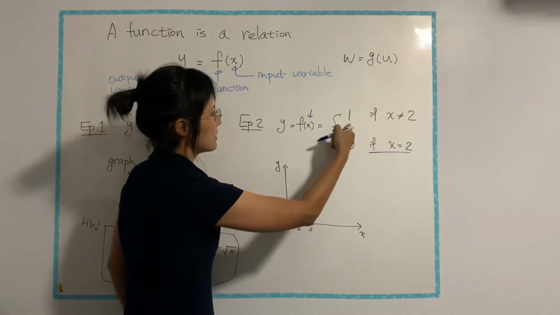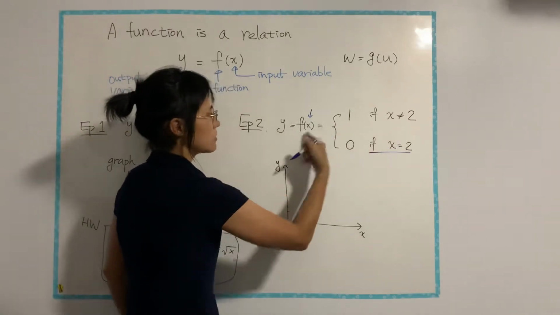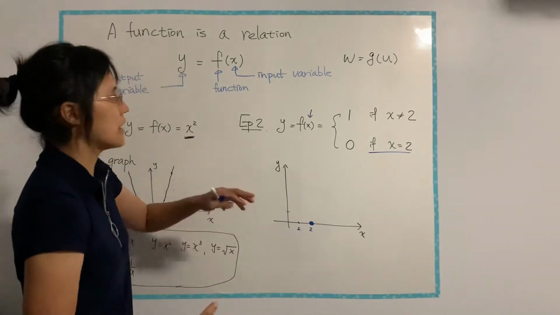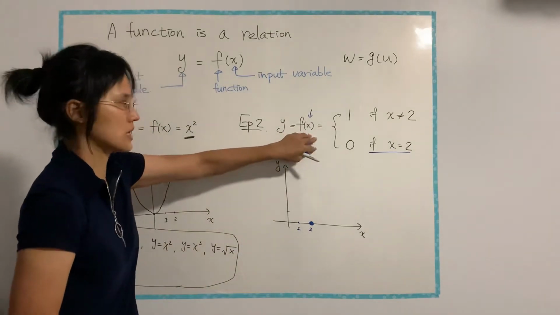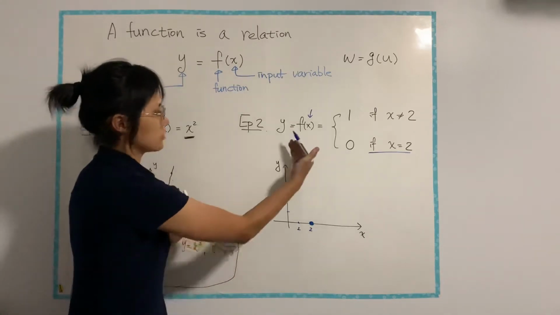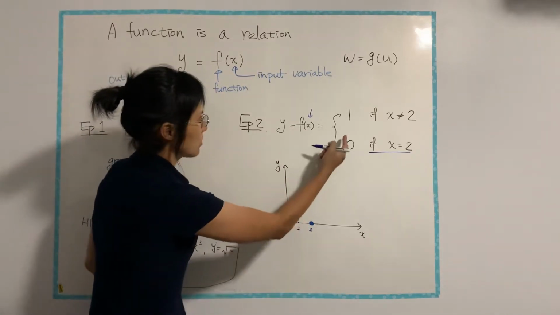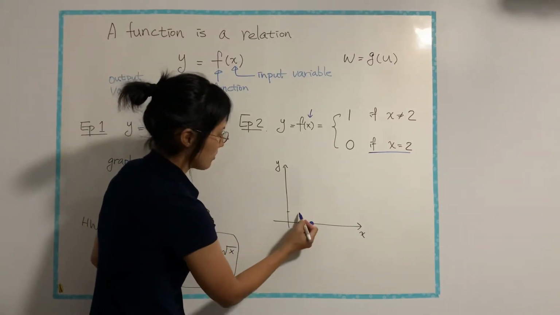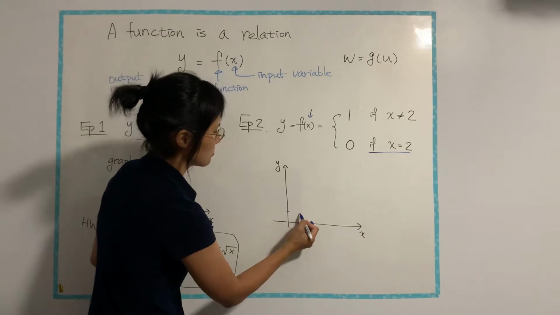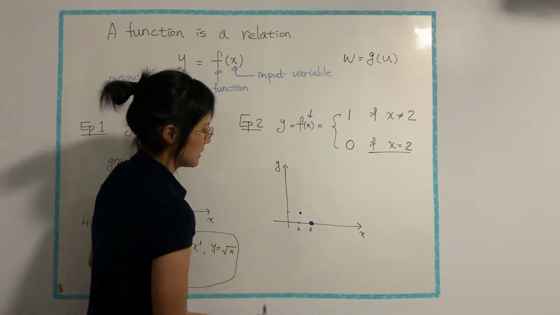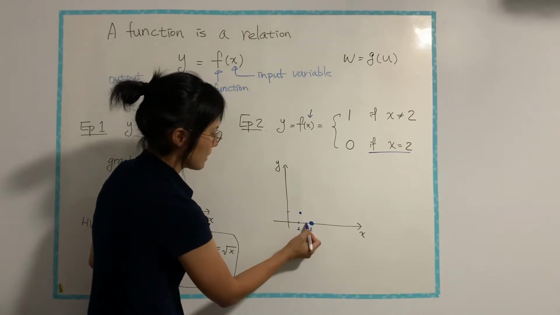So the output value is according to the given relation. You cannot create your own relation. You have to follow what's given, so don't be creative. You have to follow the rules. So over here, when x equals 1, the output value y is equal to 1. Okay, so right over here, all right? And what about this?